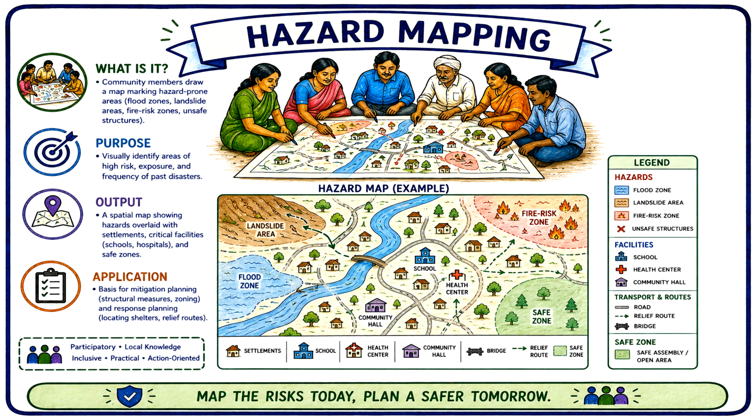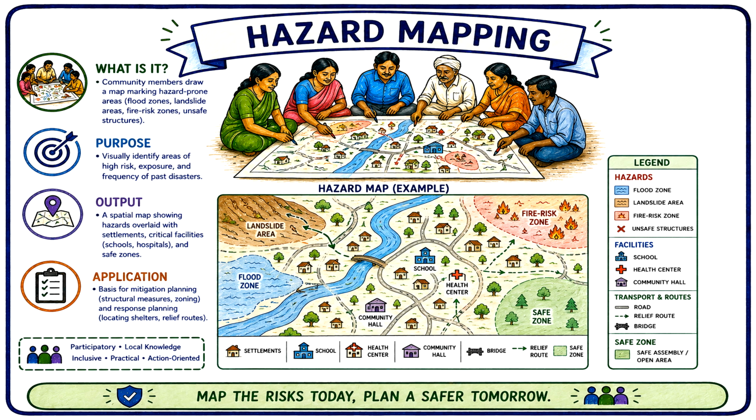The process combines local knowledge with field observations to locate vulnerable settlements, critical infrastructure, natural resources, evacuation routes, and safe areas. It helps visualize the distribution, frequency, and intensity of hazards within the community.